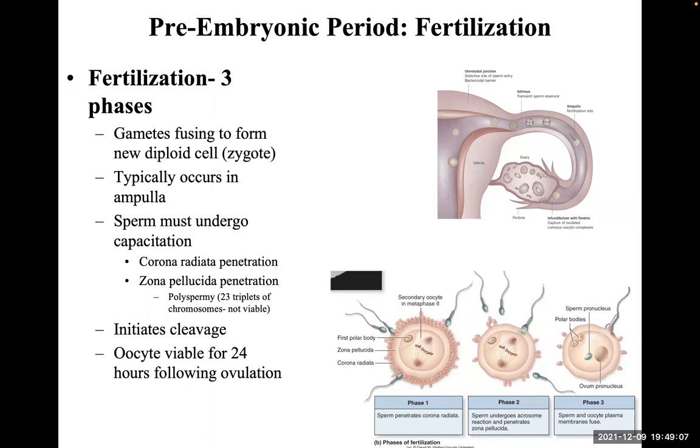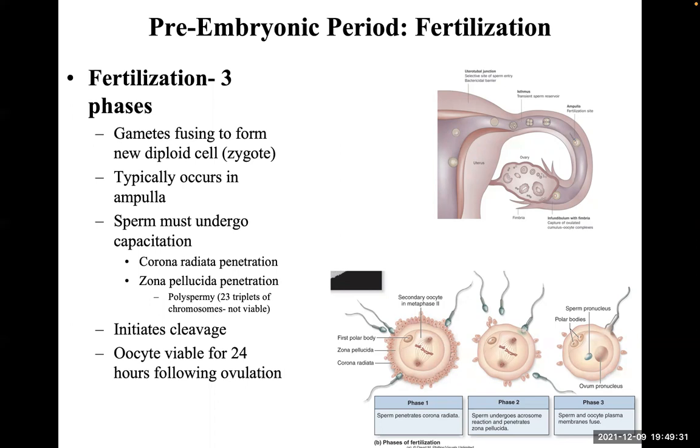It pulls that pronucleus into the secondary oocyte. And I shouldn't say the first sperm, it's just one of that group that made it to the oocyte. One of those sperm, the first one that's able to get through the zona pellucida and fuse with the membrane of the secondary oocyte, is pulled into where the chromosomes for the secondary oocyte reside.